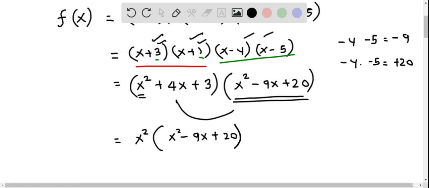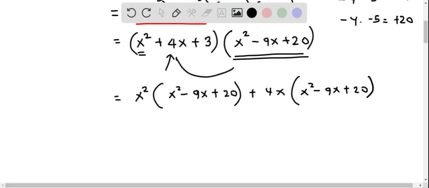Now I consider the second term in the first bracket, that is this 4x, and then I have to multiply with all the terms inside the second bracket, that is x squared minus 9x plus 20. And now finally we have to consider the third term, that is 3 in the first bracket, multiply with the second quadratic expression, that is x squared minus 9x plus 20.